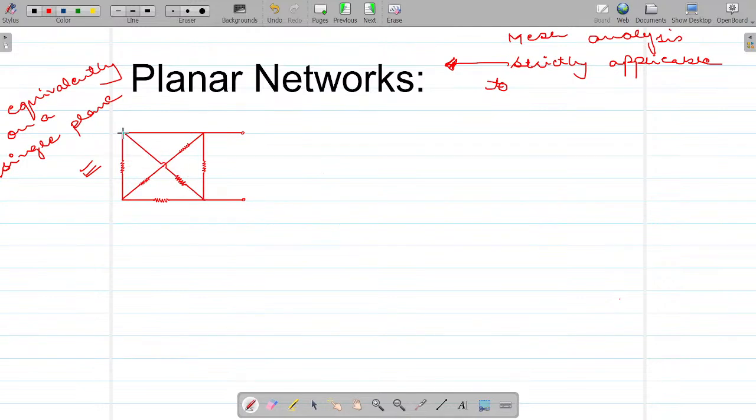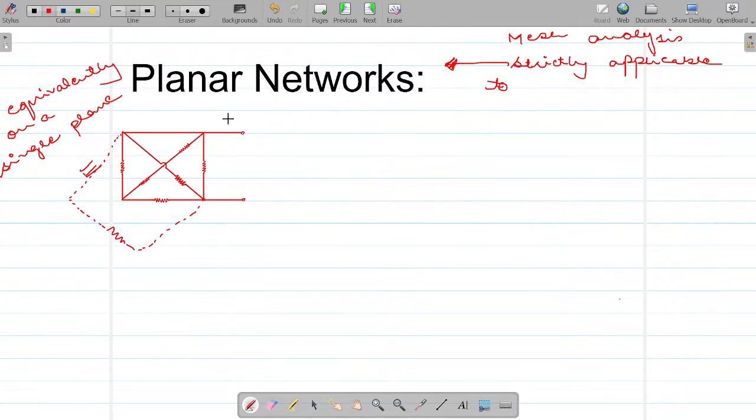Now if I redraw this circuit like this, is it equivalent? This had to be at this potential, and that had to be at that potential, which is still true. This is non-touching to this branch, and it is still non-touching.